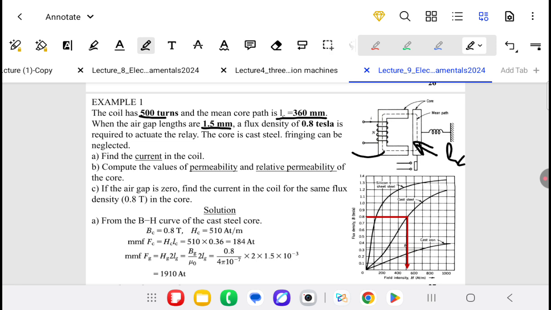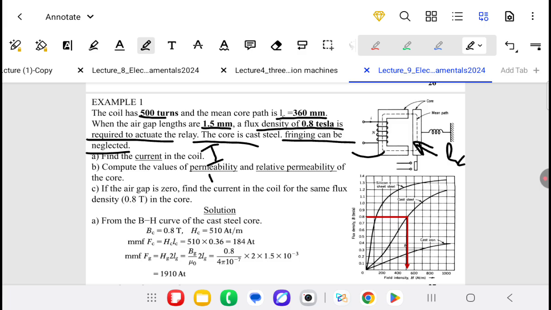A flux density of 0.8 Tesla is required to actuate this relay. The core material is cast steel, and fringing is neglected. Calculate the current in the coil.